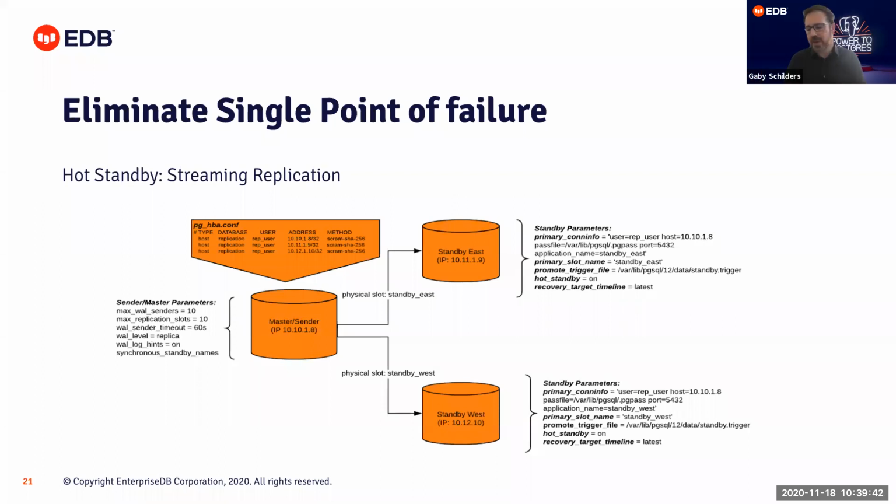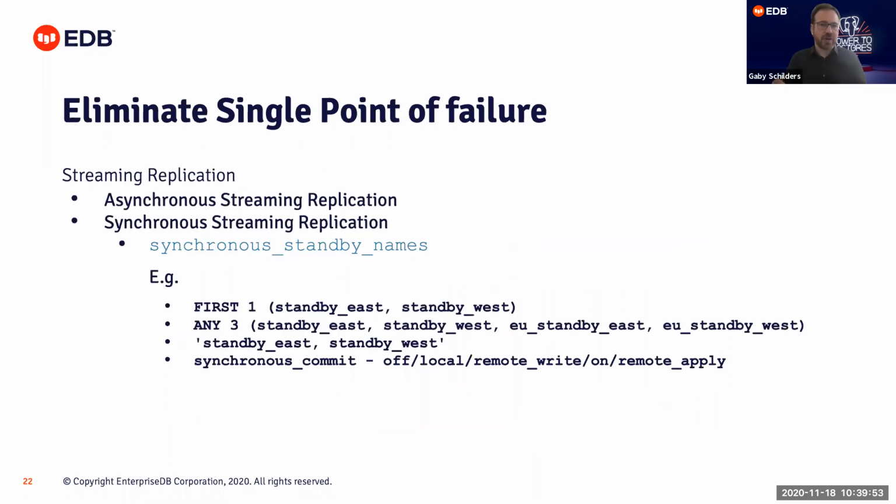Now, because synchronous replication and asynchronous replication each have their own benefits and drawbacks, what we've tried to do with Postgres is make sure that you have the flexibility to set it up in a way that fits you and your needs.